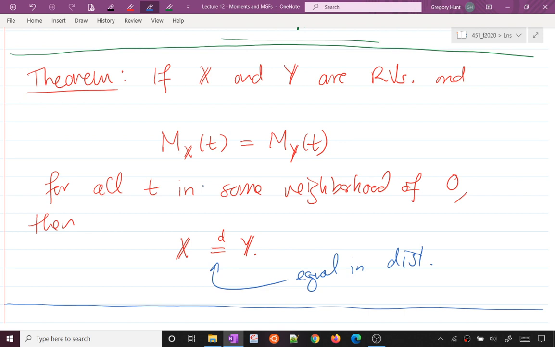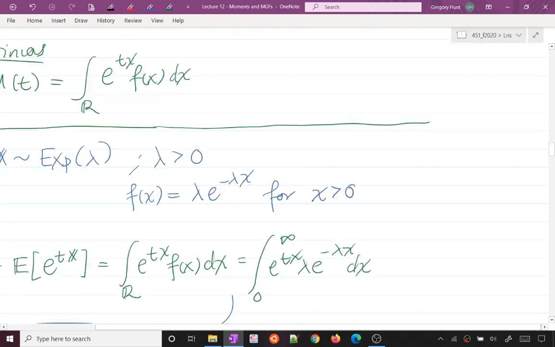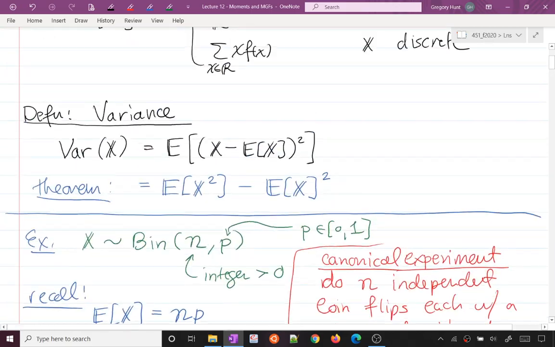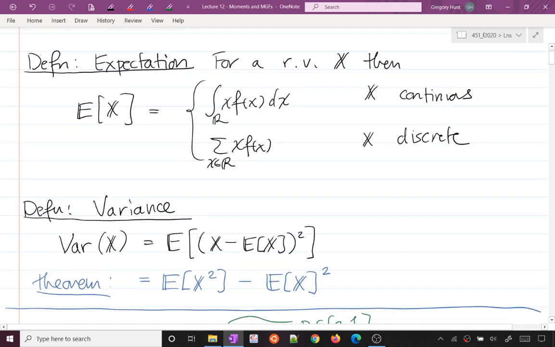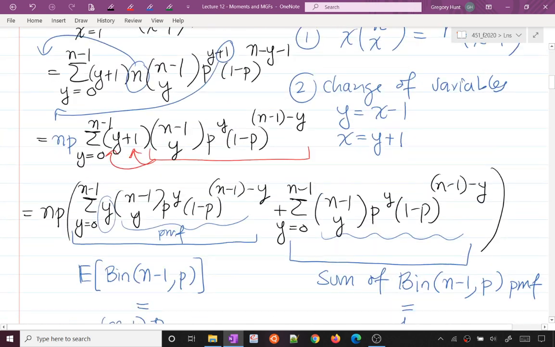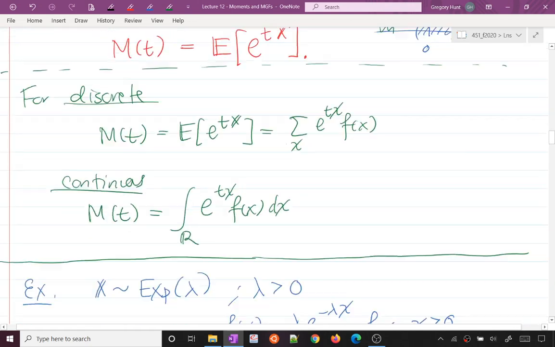Okay, so that wraps up the lecture today on moment generating functions, and that's the last major topic here. As a review, we talked about expectation, variance, the definition of moments, and the moment generating function.